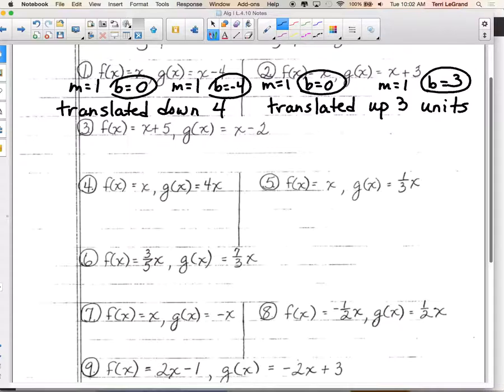Okay, take a look at number 2 if you're done with 3 and see if you need to fix anything on mine. Did I do anything wrong? Do you agree with me? Yeah?